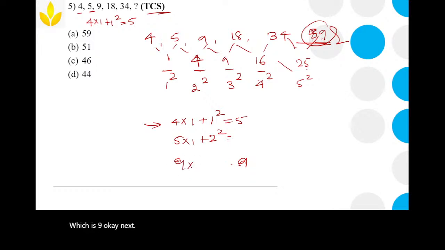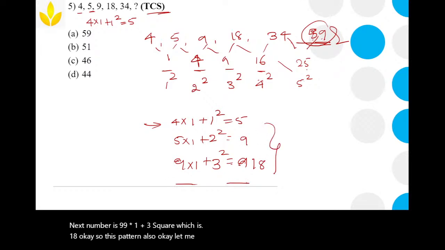Next number is 9. 9 into 1 plus 3 square, which is 18. Okay. So this pattern also, okay, let me write 9. You can even follow this pattern. Okay. Well, now let us go to the next question.